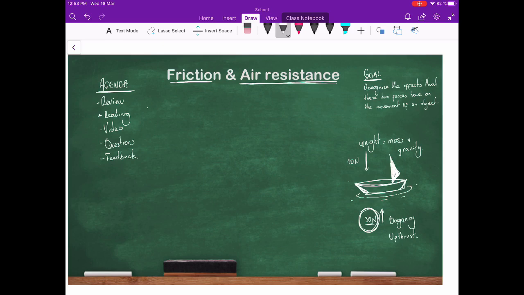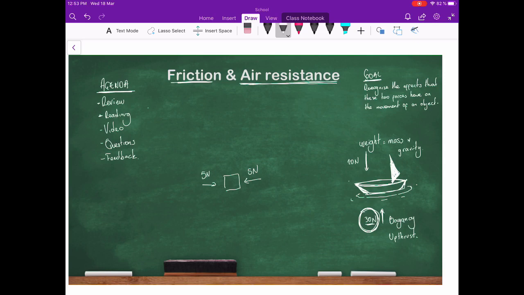Okay, to summarize, when two forces that act on an object are in opposite directions, and these two forces have the same size, and there is no movement, we can say that the forces are balanced.